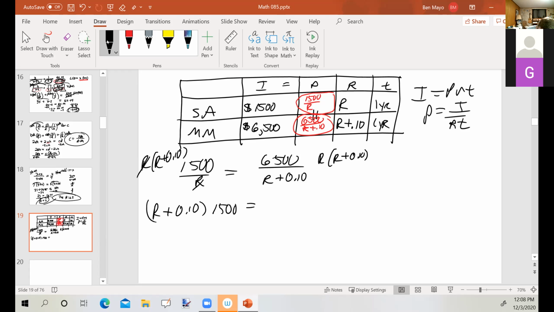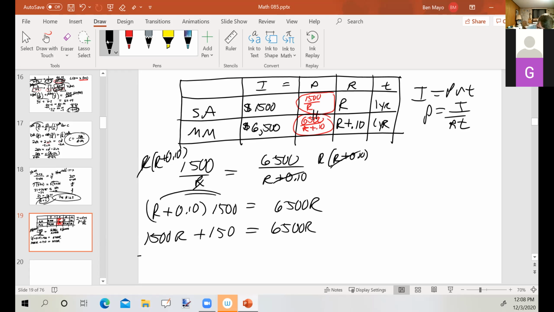On the right, the R plus 0.10s go and we have 6,500 R. On the left, distributing the 1,500, we get 1,500 R plus 0.10 times 1,500, which is 150. I'm going to subtract 1,500 R from both sides. 150 equals 5,000 R.